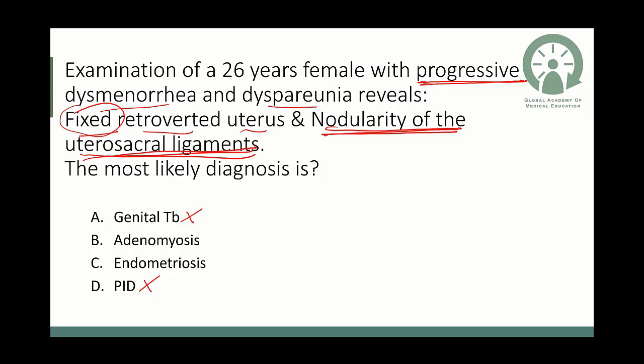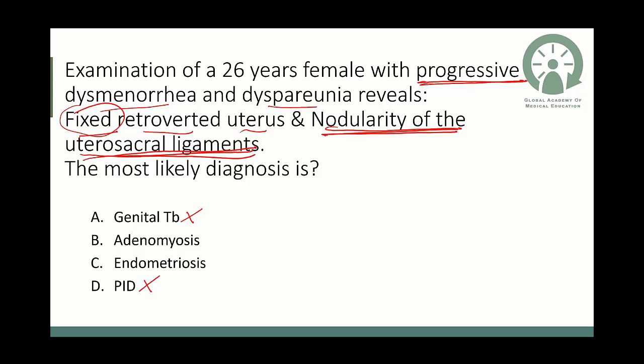And dyspareunia is not a feature of tuberculosis because tuberculosis is a bloodborne infection that goes to the genitalia rather than an ascending infection. So, infecting the vagina and the lower part of the reproductive tract is less common with tuberculosis compared to the other forms of PID.